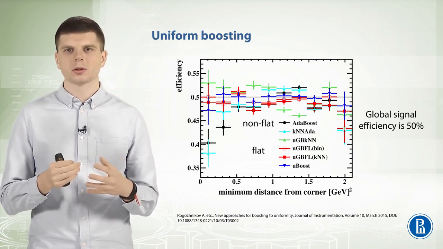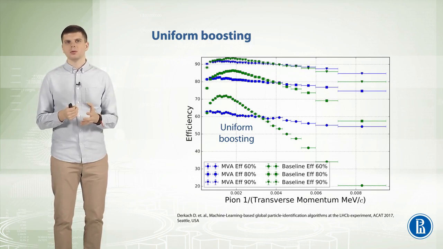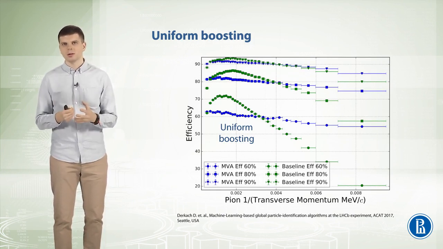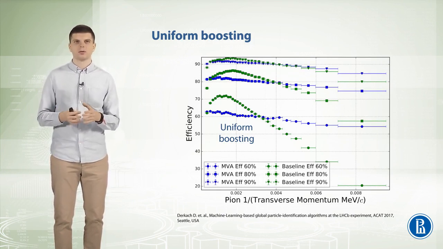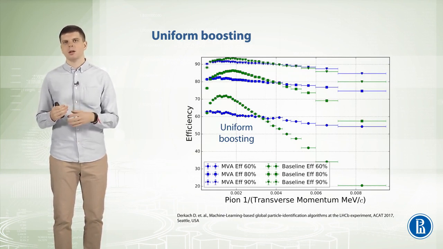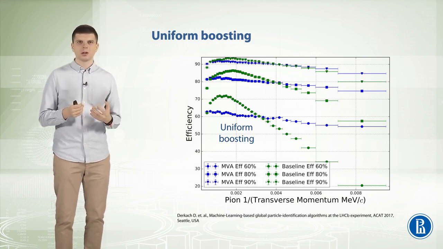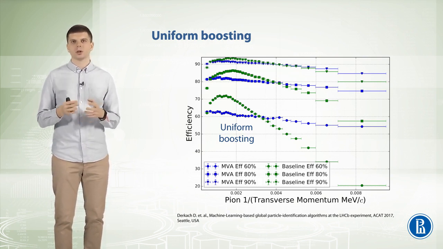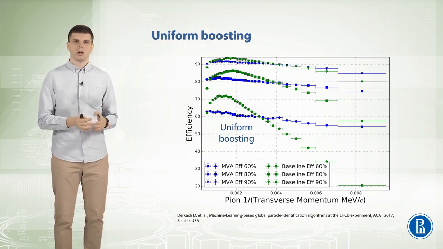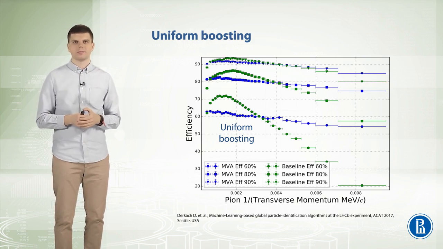Consider how it works in particle identification. This figure shows the dependencies of the pion efficiency on its transverse momentum at the LHCb experiment at CERN. The figure compares two classifiers for three different global efficiencies: 60%, 80% and 90%.